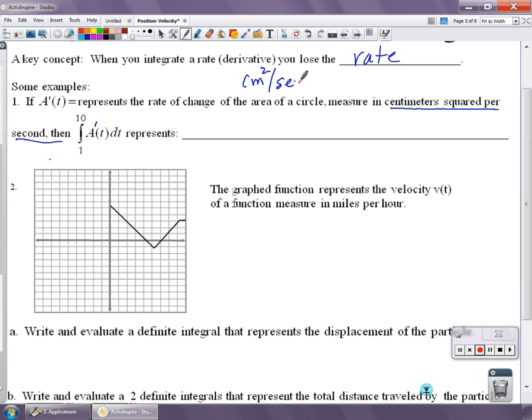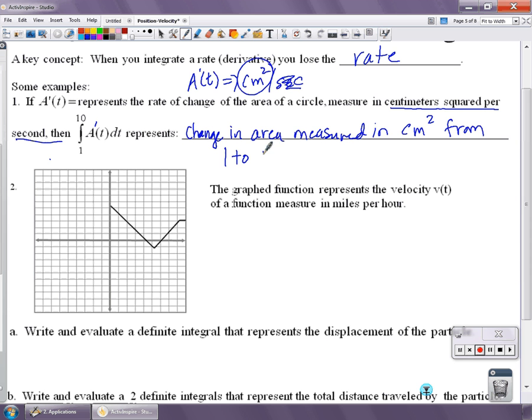A prime of t was measured in centimeters squared per second. So if I am integrating A prime of t, when you integrate a rate, you lose the rate, which gives me centimeters squared, which tells me I am accumulating the change in area measured in centimeters squared from 1 to 10 seconds.